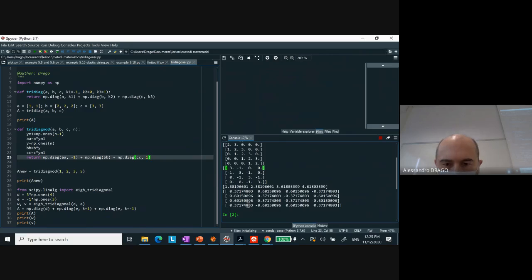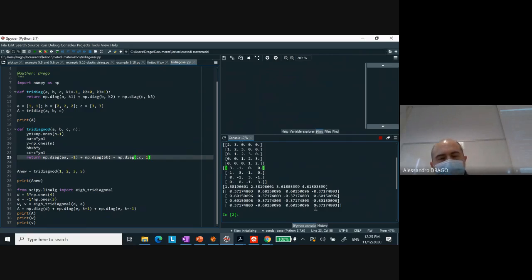So the matrix that I print first here is what we were thinking, 3, 3, 3, 3. These are the 4 eigenvalues, and these are the 4 eigenvectors.